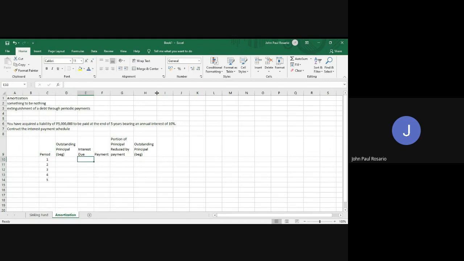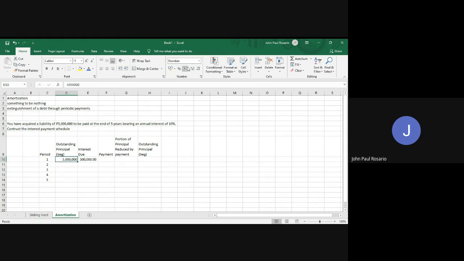But our outstanding principal is 5 million pesos. So our interest due is based on the beginning balance of your liability per period. So that's 0.10, so that's 500,000. How much did you pay?